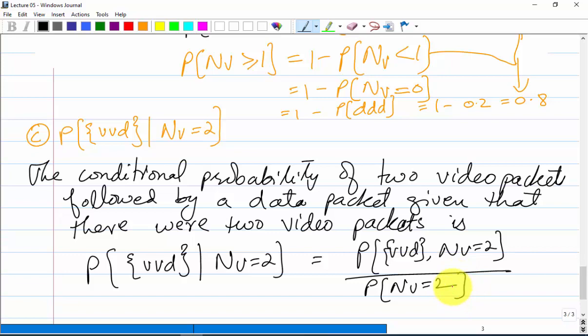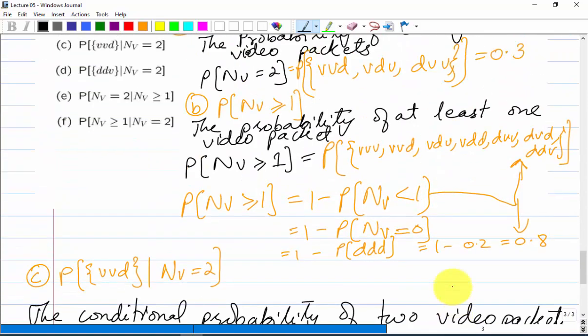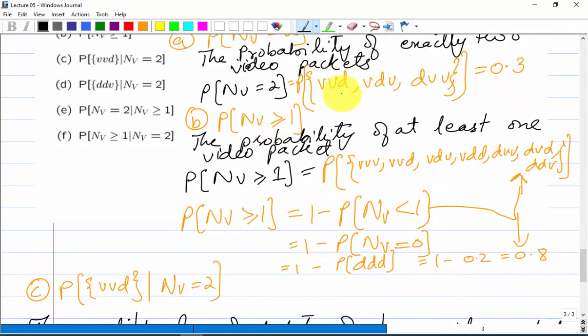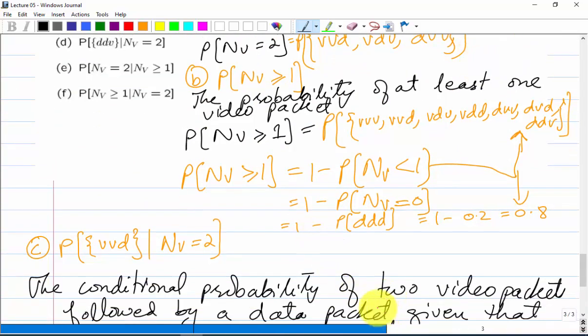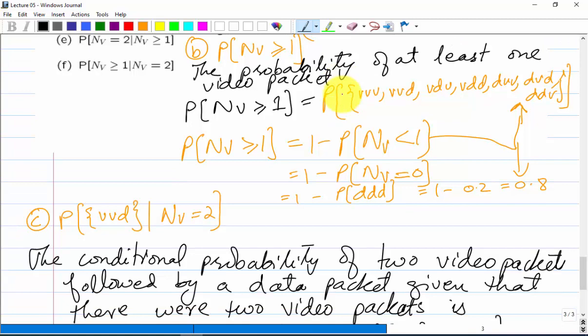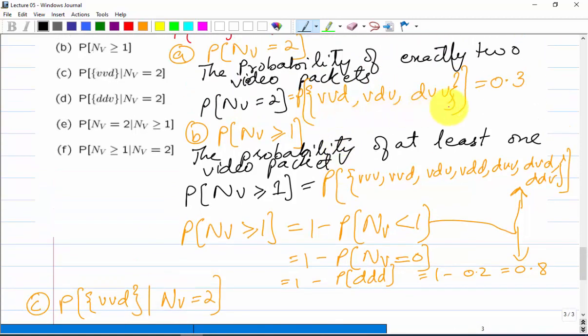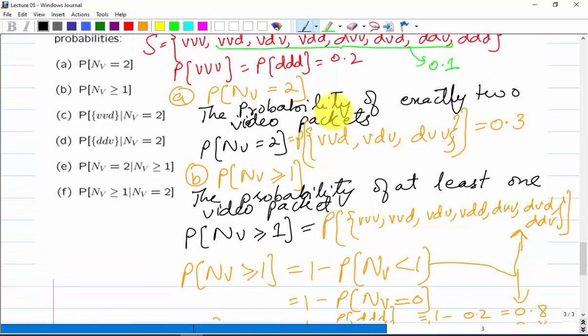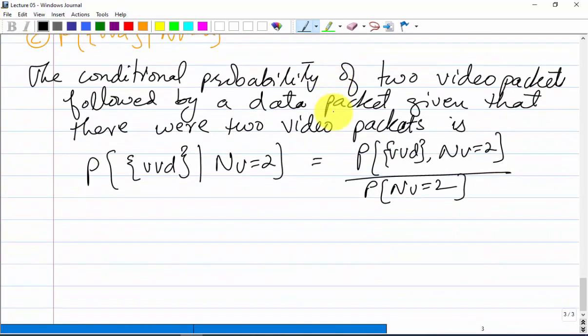We know that the probability of NV equal to 2 is 0.3, as calculated here. If we take the intersection of VVD with this one, we can see that VVD is common, so it is a subset of this one.